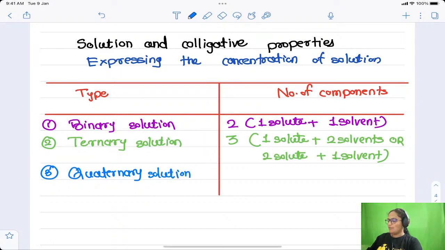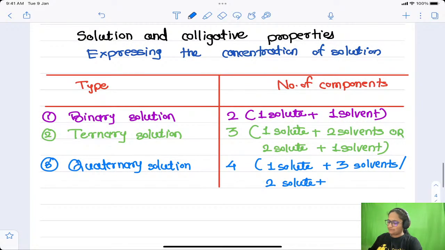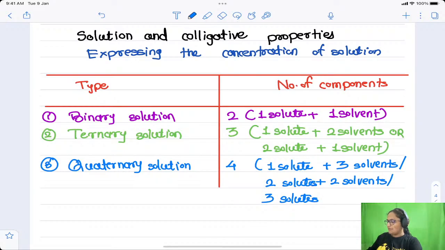Here the number of components is 4. So it can be one solute plus 3 solvents, or two solutes and two solvents, or three solutes and one solvent, right?